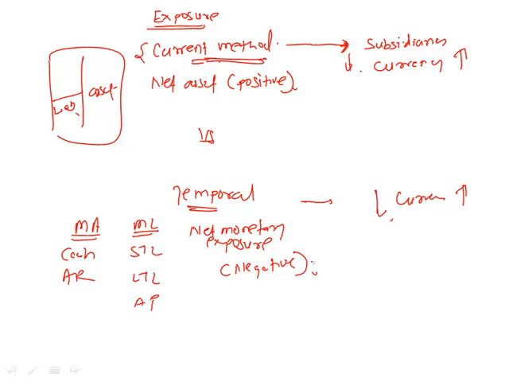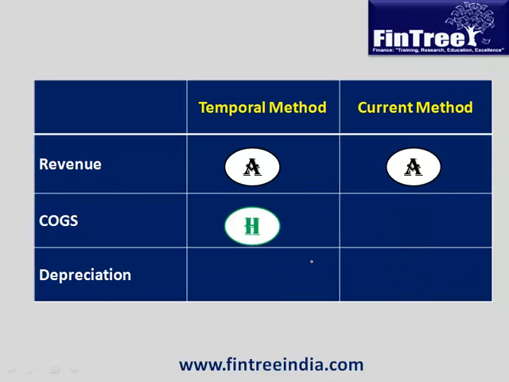Are we fine here? So what I want you to remember in this case is what is my exposure to current exchange rate. In case of current method, my exposure is net asset, and that is mostly a positive value. But in case of temporal, my exposure is the net monetary asset, which is mostly a negative value. Are we fine?